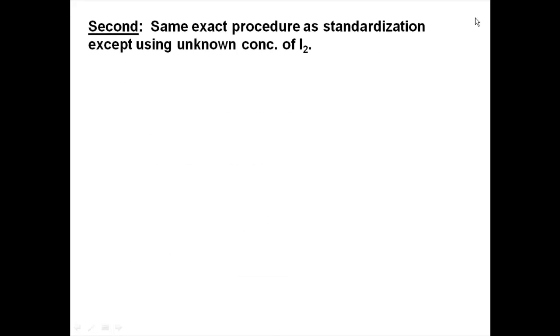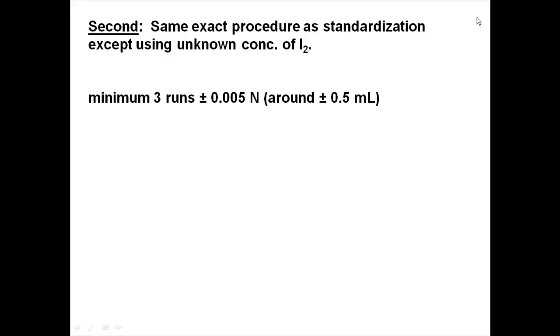Second part of the experiment, we're going to do exactly the same procedure as the standardization, except now we're going to use an unknown concentration of I2, and we know the concentration of our thiosulfate from the standardization. Once again, we're going to do a minimum of 3 runs, plus or minus 0.05 normality, somewhere around 0.5 milliliters is what we're looking for.